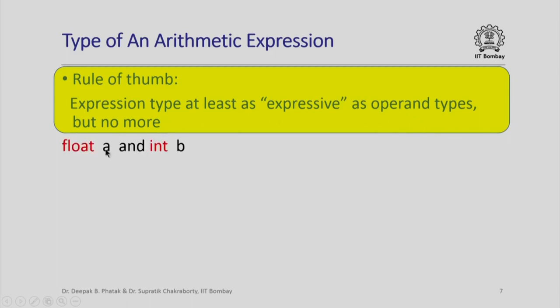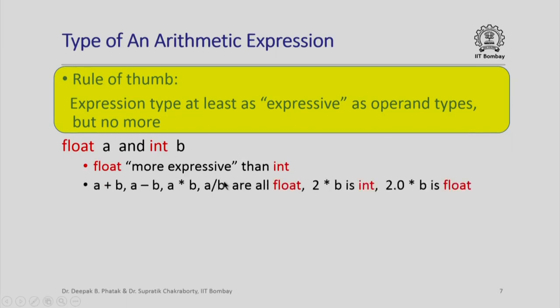Suppose I have a variable a whose type is float and another variable b whose type is int. Now float is considered more expressive than int because I can express all kinds of integer values as floating point numbers, but not necessarily the other way around. So now if I write expressions like a plus b, a minus b, a star b, a divided by b, one of the operands is float, the other is int.